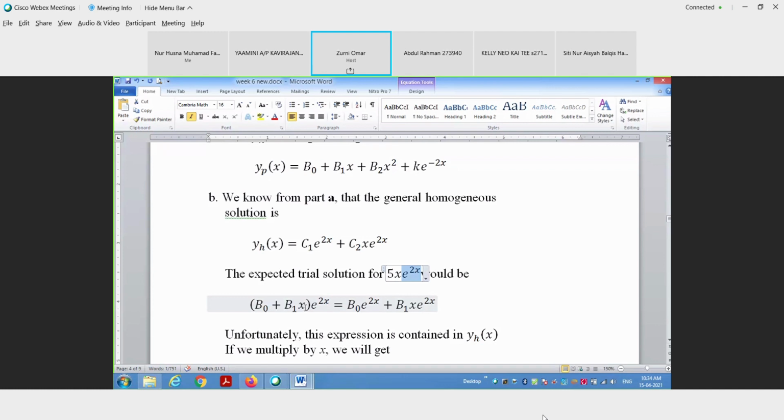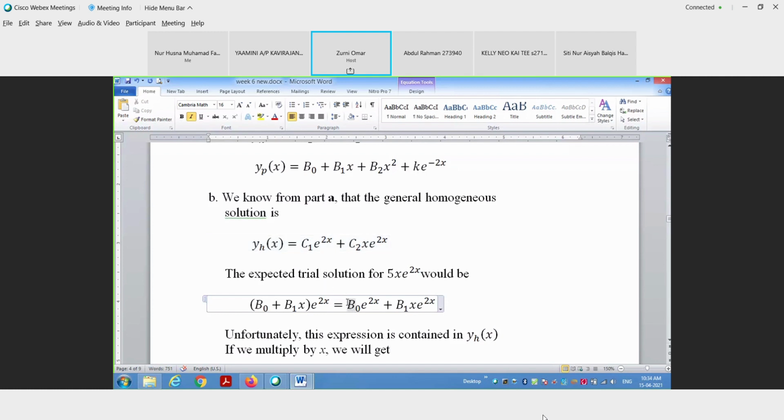If you expand this, you will get b0 e^(2x) plus b1x e^(2x). The next step, you need to compare this term in YP with YH.